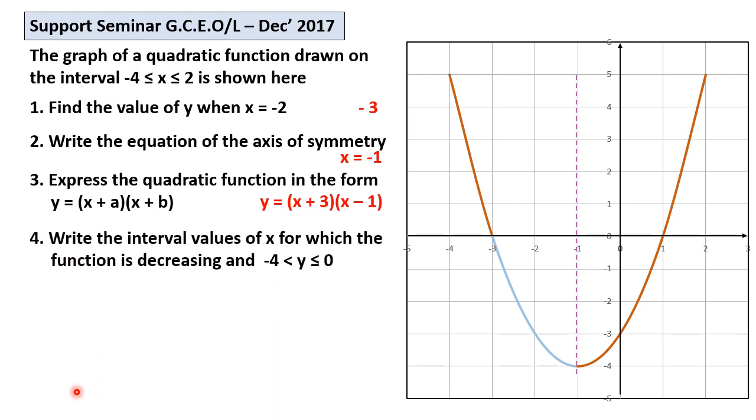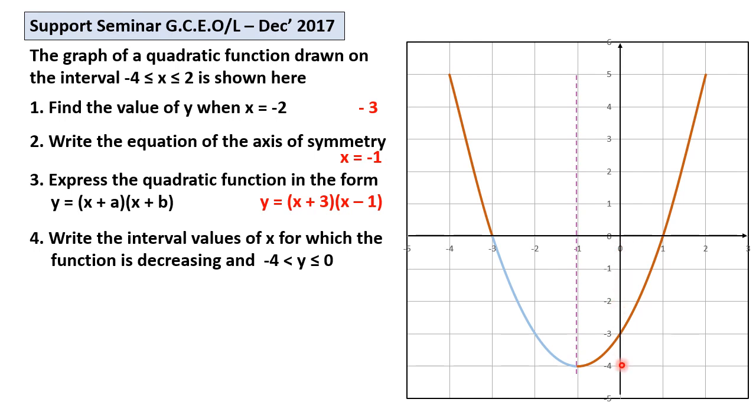Question number 4. Very important question. Write the interval values of x for which the function is decreasing and y is between minus 4 and 0. Here, this is the range on the y-axis between 0 and minus 4.